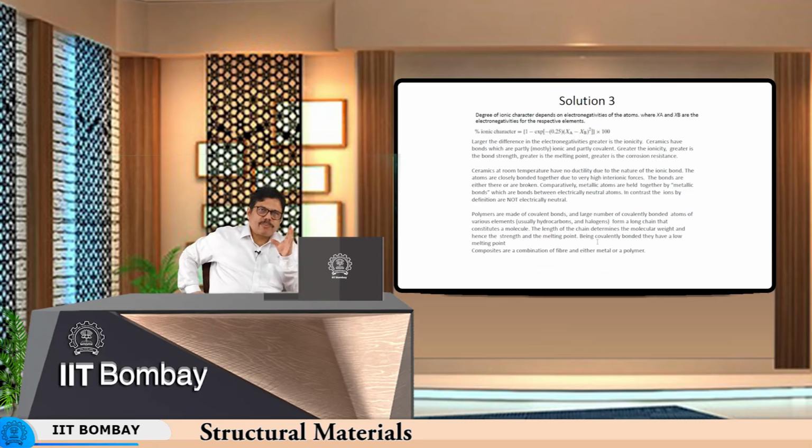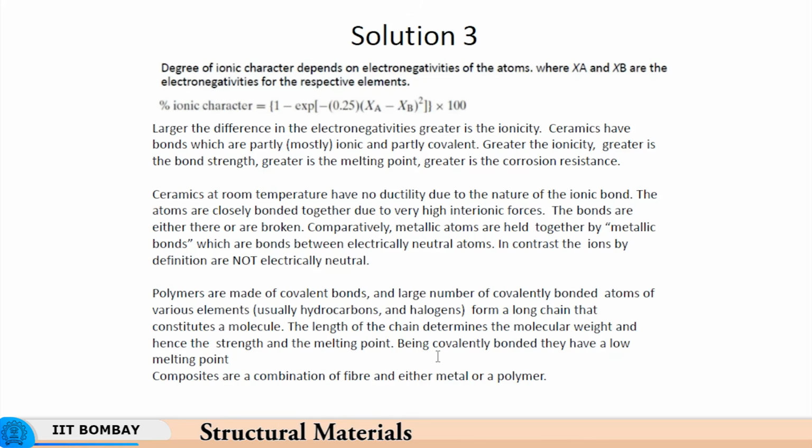So smaller is the molecular weight, smaller is the molecule, the flowability is easier, melting points are lower. Larger is the molecule, longer is the chain, then molecular weight is high and melting points are also high. So this is again unlike metals, where the metals have a fixed melting point. So a pure metal will have a fixed melting point, but a pure polymer, let's say nylon 66 for example, will have a melting point depending upon the molecular size of nylon. So that is a difference.